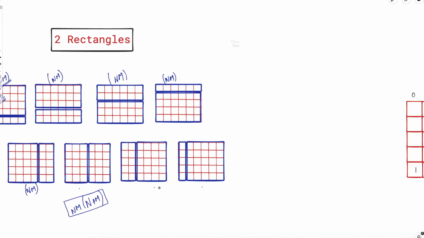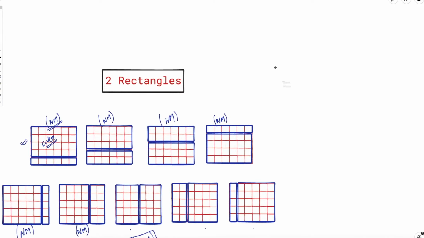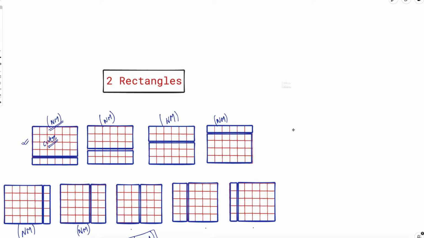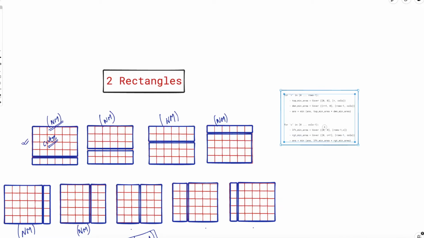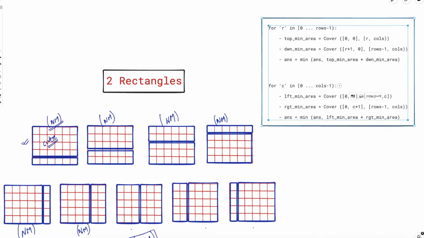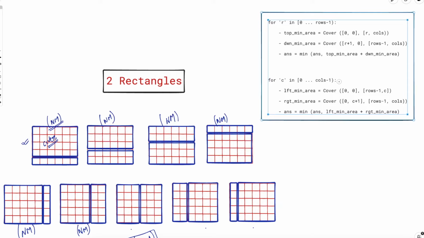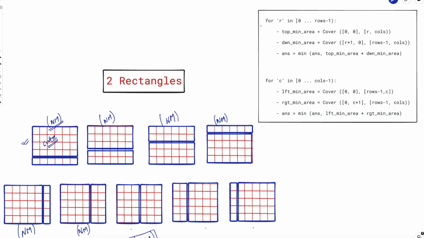Now let's quickly look at the pseudo code before we jump on to solve the original problem, which is figuring out the minimum area with three rectangles. So for now, this is the pseudo code for the two rectangles. What we are doing is simply what we showed here. We will try out all possible horizontal partitioning.